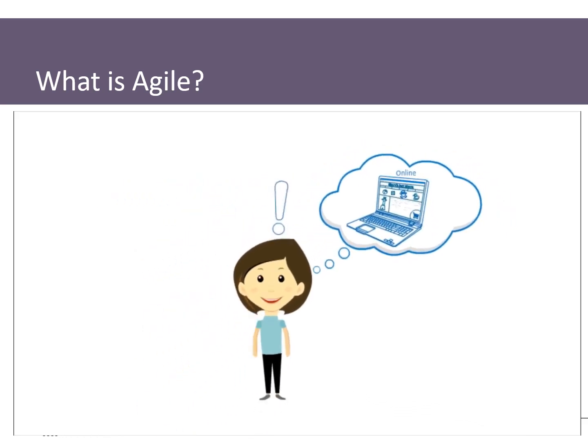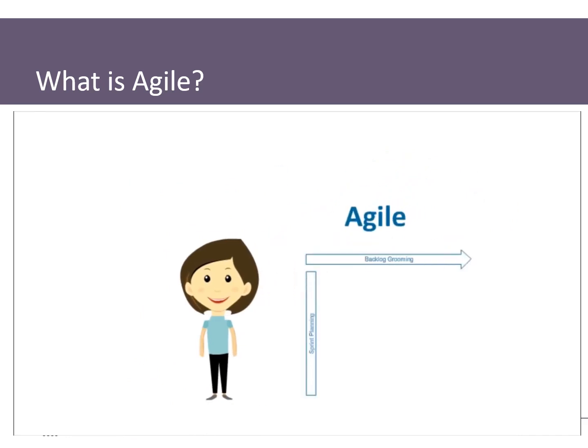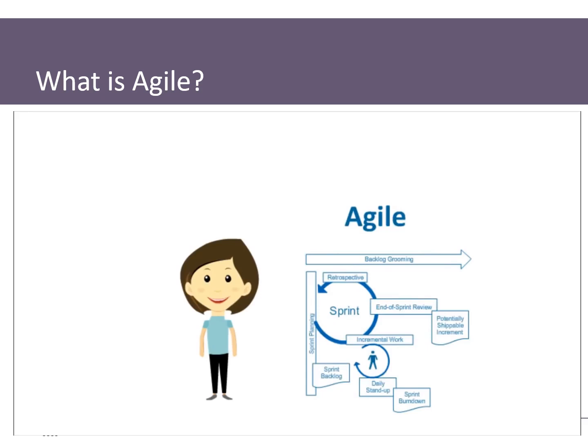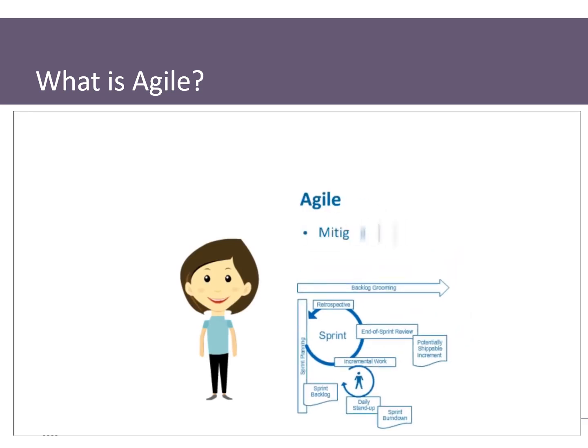Given this, she decides to manage the website's development using Agile. Agile is a development mindset focused on delivering customer value. This means that if you work in an agile fashion, you mitigate risk by continually sharing your work with your customers in order to validate that what you are building is what they really want.